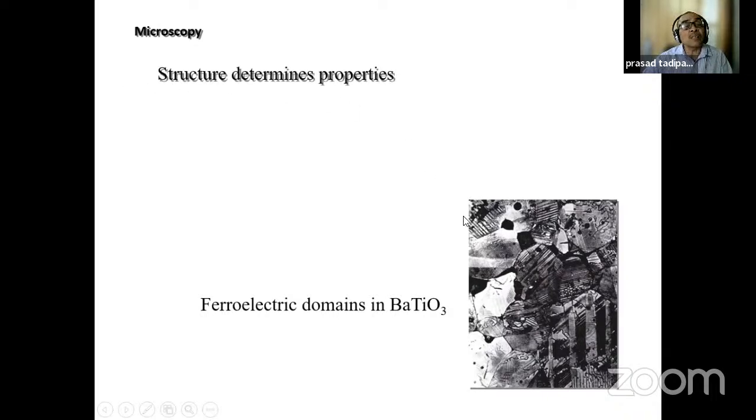Structural properties, for example the ferroelectric domains of barium titanate, BaTiO3, and this type of ferroelectric.